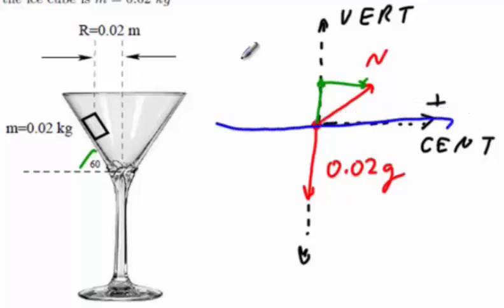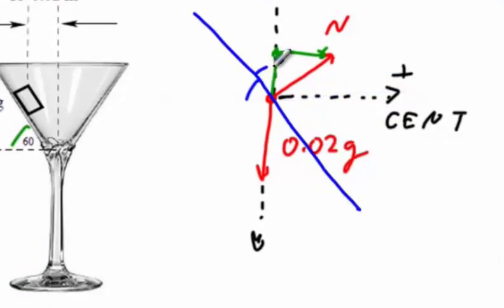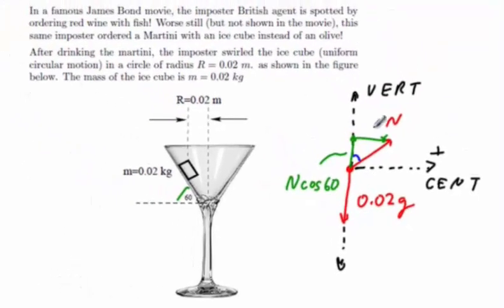And so we simply add that side, and we recognize that if this angle is 60, then that one is 30, and if that angle is 30, this one is 60. This means that the 2 sides of the normal force can be written thusly. N cos 60 is the side adjacent to the 60 degree angle, and N sine 60 is the side opposite to the 60 degree angle.